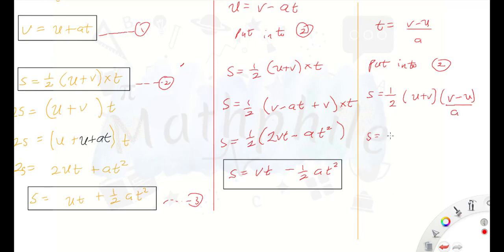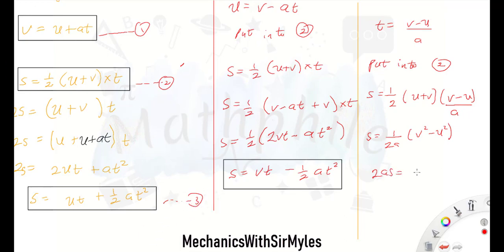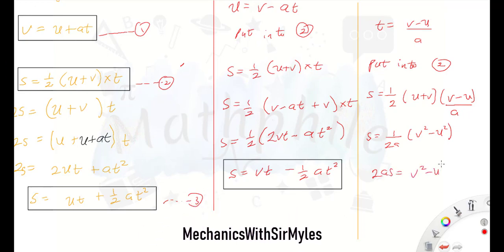Okay, so x can be written as 1 over 2a. Is it v squared minus u squared or u squared minus v squared? It's v squared minus u squared. And if you do the manipulation, you get 2as is equal to v squared minus u squared.